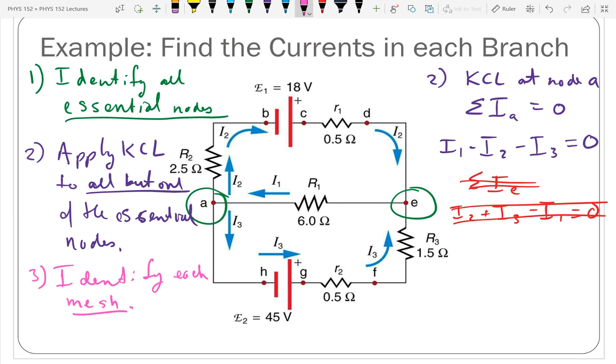You could make a total of 3 loops here, but how many smallest loops can you make? 2. The meshes need to cover the entire circuit with the smallest loops you can make. So basically you take a circuit and you take each small loop you can make and name them. So I'm going to call this mesh 1 and this mesh 2.